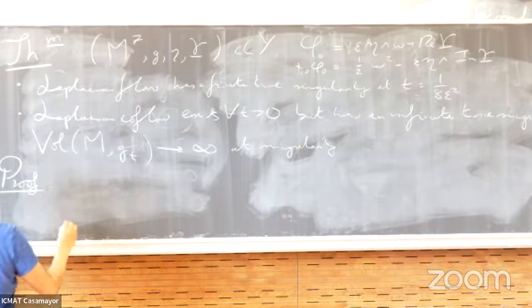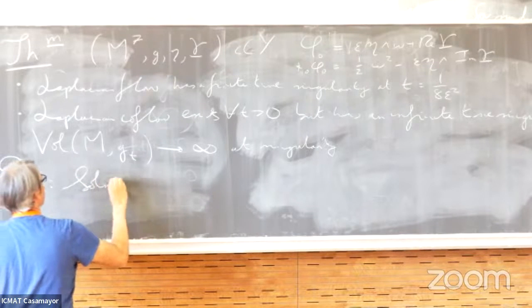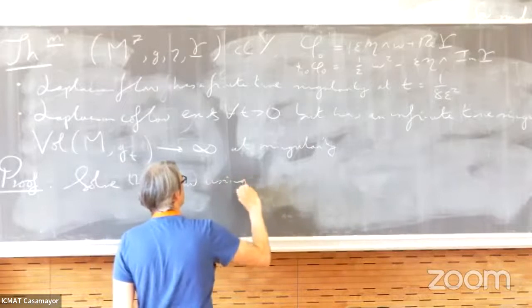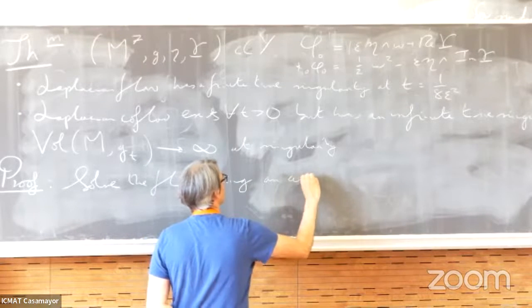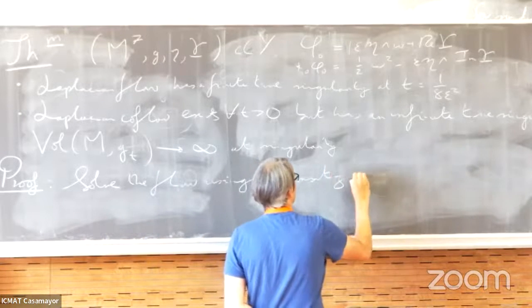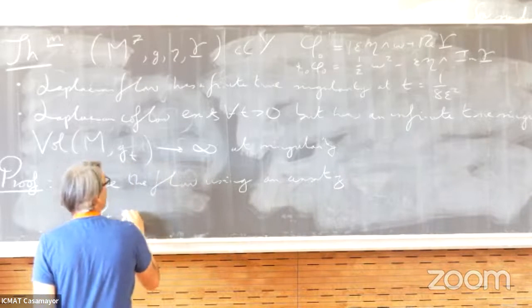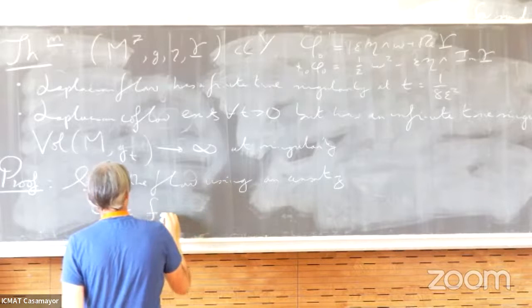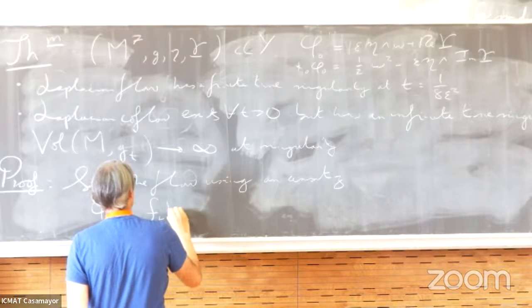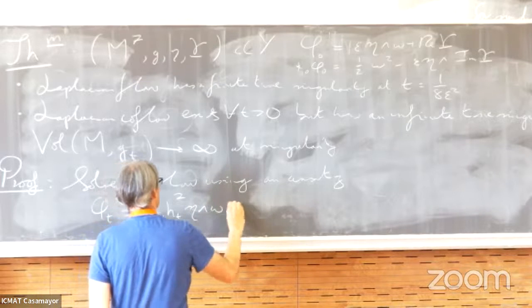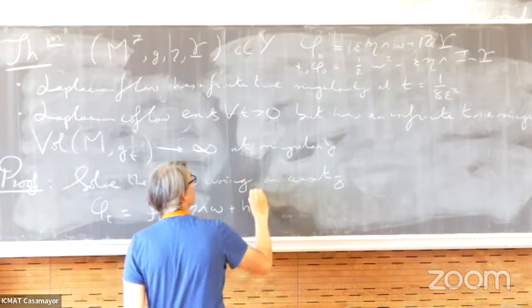The proof is that you solve the flow using an ansatz. You say, let's suppose that phi_t happens to be of the form f_t h_t squared eta wedge epsilon plus h_t cubed.